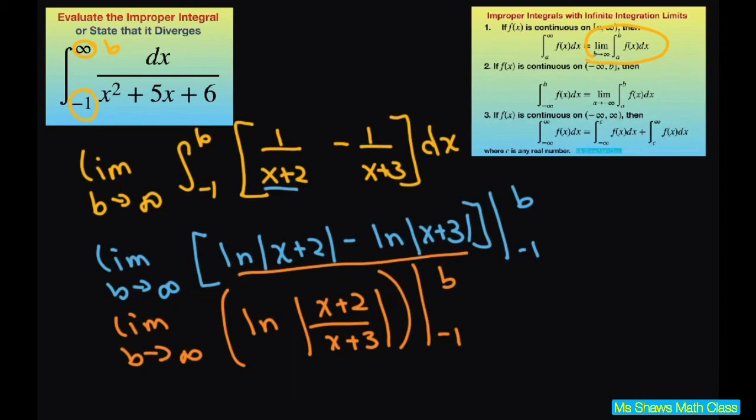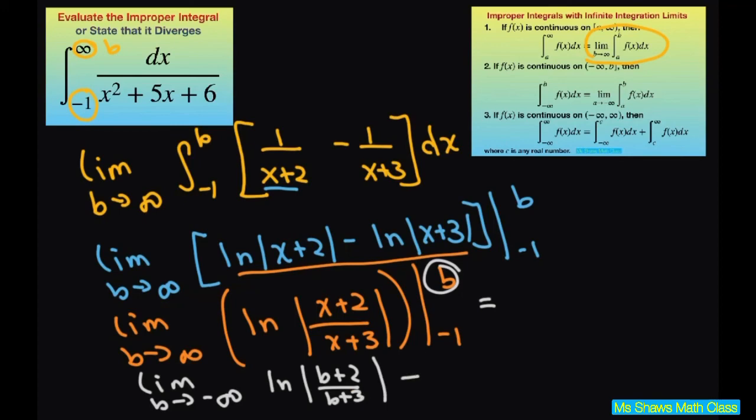We're going to get, writing too big. So when you apply the limit, I'm going to put it down here. As b approaches infinity, we're going to get ln of, let's plug in the b plus 2 divided by b plus 3 minus ln, and when you plug in the negative 1, you're going to get 1 half.